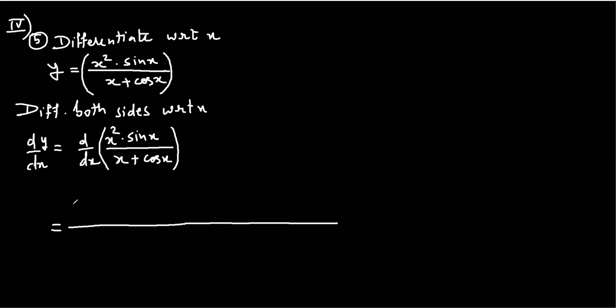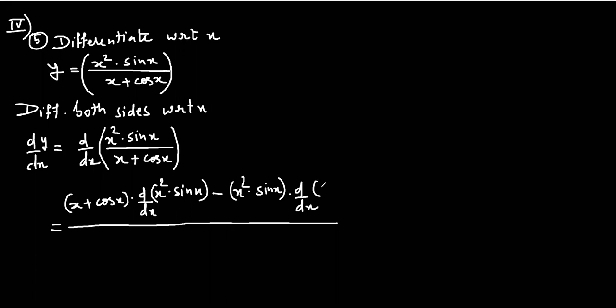As you know, the rule says always differentiate numerator first. So you have x plus cos x multiplied to d by dx of x square sine x minus x square sine x d by dx of x plus cos x, and here we have x plus cos x the whole square. This is dy by dx.